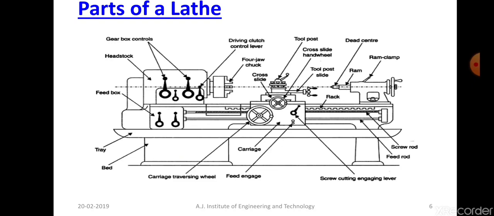Okay, then we have the carriage assembly. In the carriage assembly, you could see that there are two wheels. One is called the carriage traversing wheel, which is the bigger one, and the smaller wheel is called the cross slide. The carriage traversing wheel is rotated so that the carriage assembly can be moved in the x-axis, or linear direction.